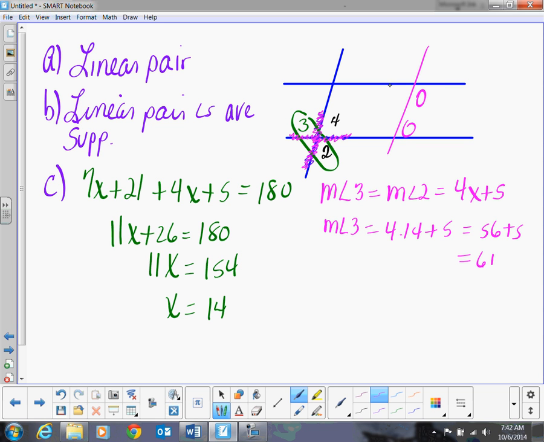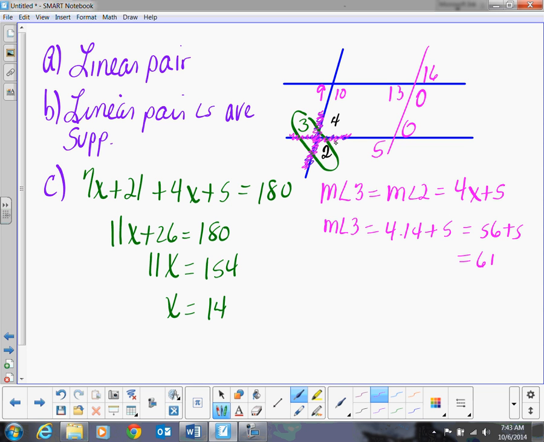What about 13 and 16? Vertical. What about 10 and 2? 10 is here, corresponding. What about 5 and 13? Here's 5. Yes, those are corresponding. What about 9 and 4? Alternate interior. So you've got to be able to recognize those, and you've got to know the relationships.